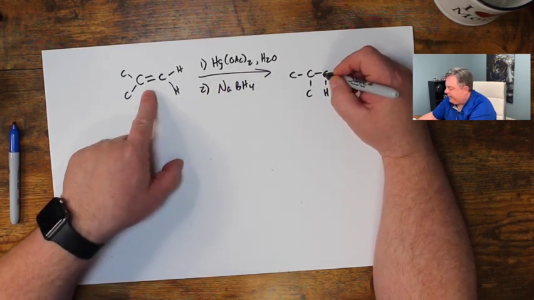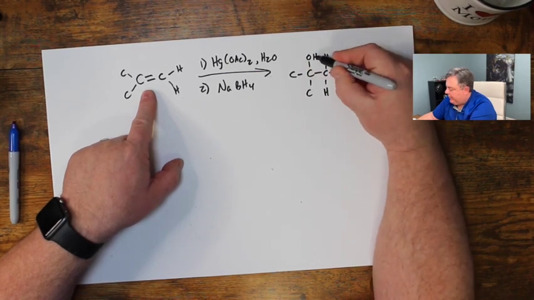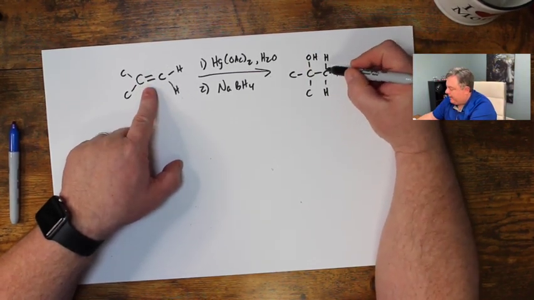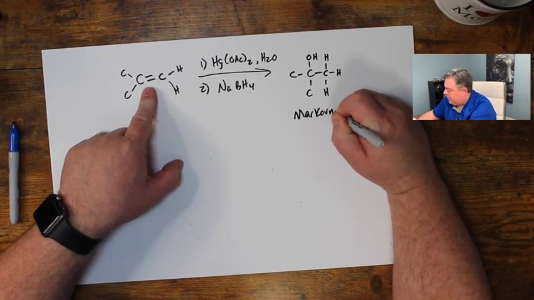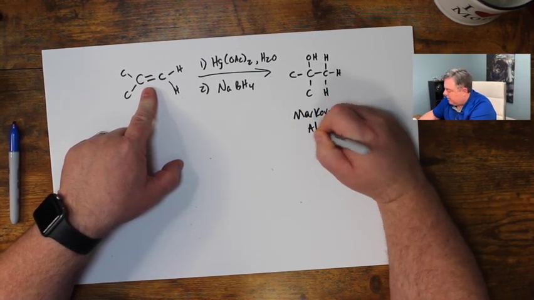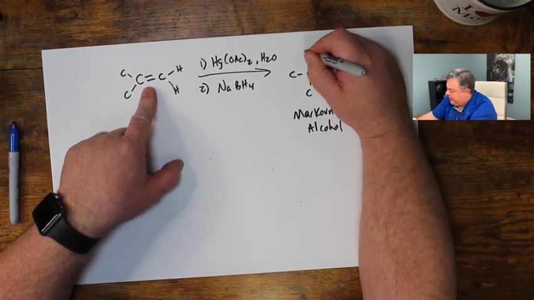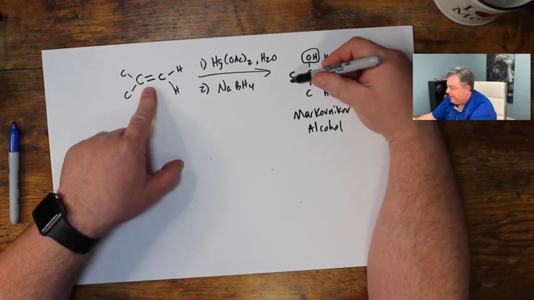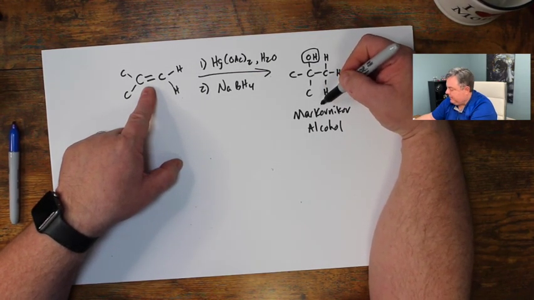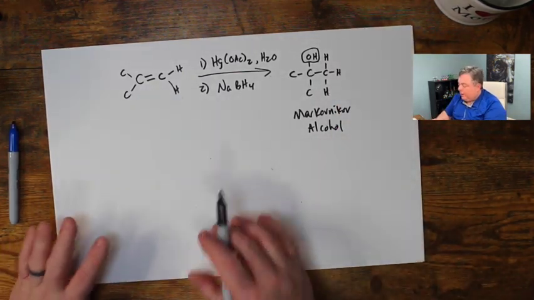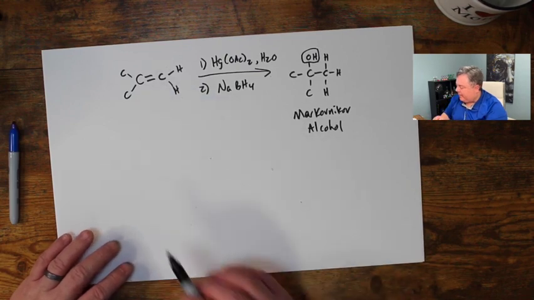So there's an H that goes to one side, and an OH, so H2O, add across this double bond to make what's called a Markovnikov alcohol. Markovnikov just means this special group goes on the carbon that has more carbon groups on it. It's more substituted. So we learned that back in first semester organic chemistry when we learned about alkenes.